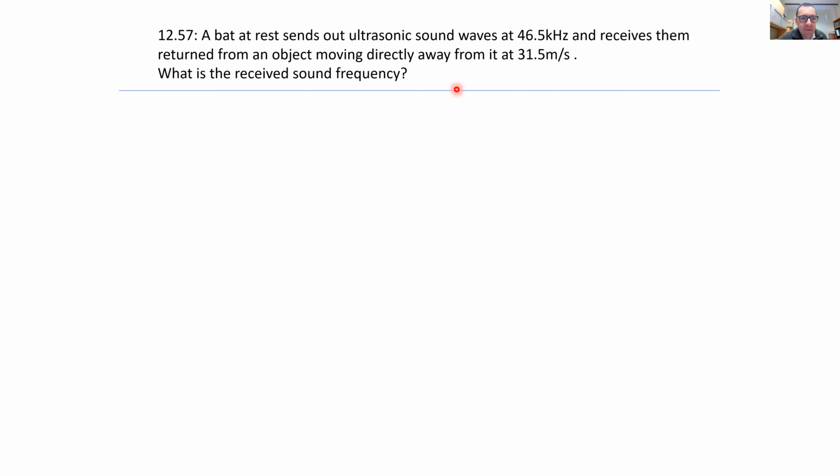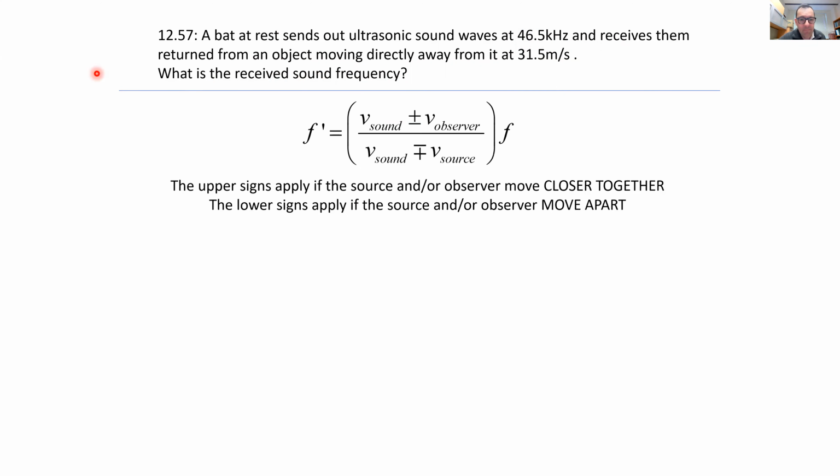And then the bat receives them returned from an object that's moving directly away from it at 31.5 meters per second. What is the received sound frequency? The bat sends out waves at 46.5 kilohertz and then receives the reflected waves at a different frequency, and we have to find out what that frequency is.